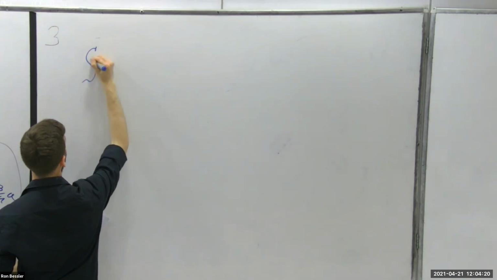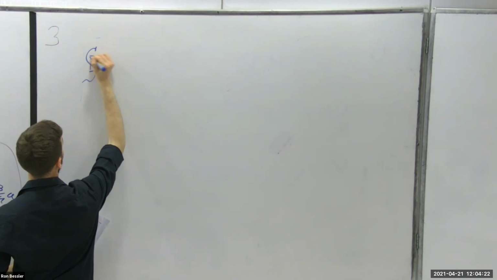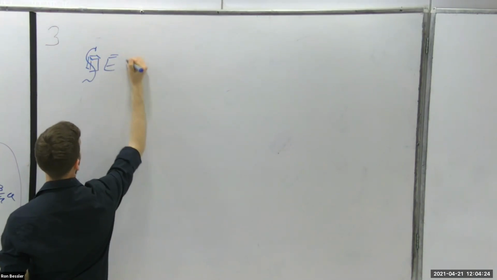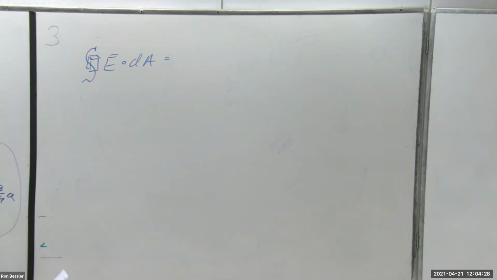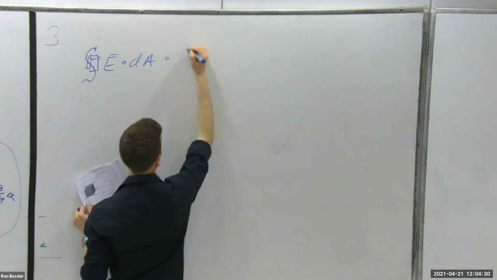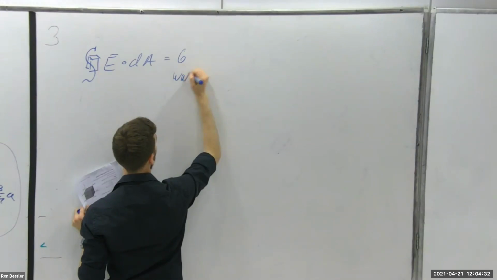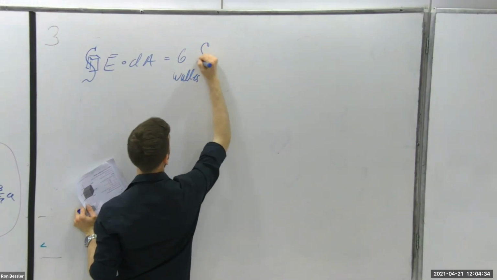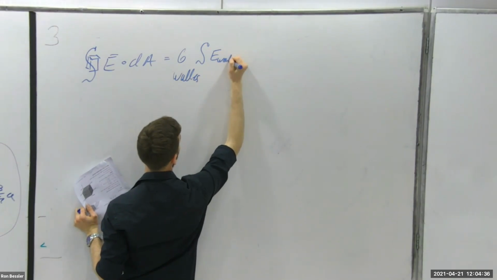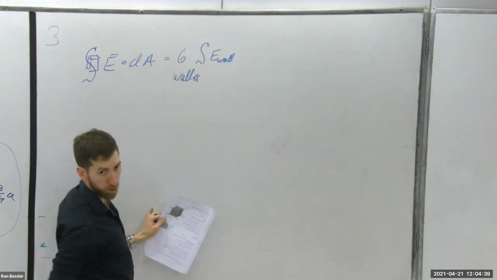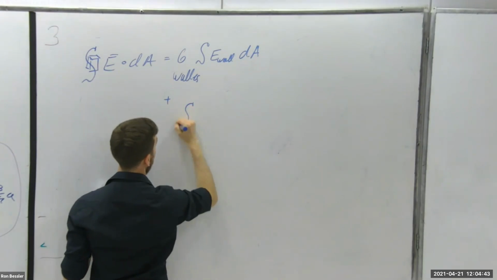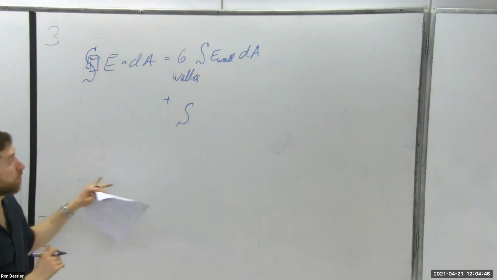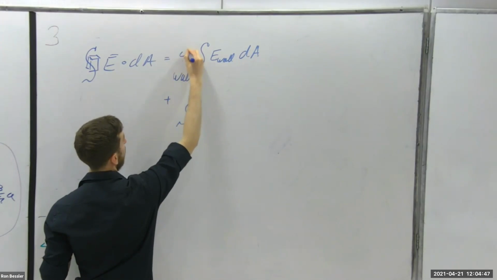So I have this integral and I have this box. E dot dA. What I can do with the box is open it into 6 walls. We have many E wall dA terms, plus, not 6 walls, we have 4 walls.